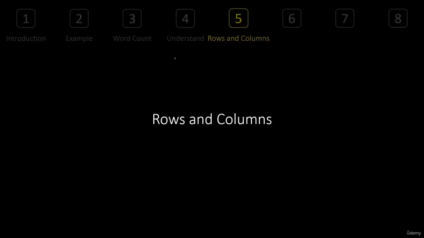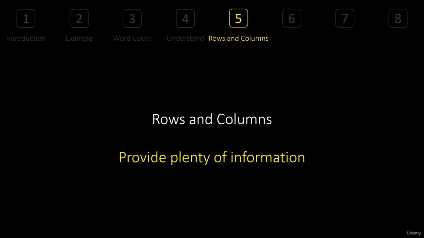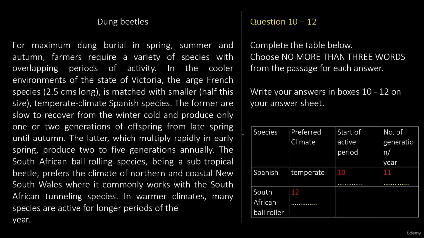Cool? Good. The third pointer is that rows and columns provide you a lot more information than you think. It's plenty of information. Now, here we have these words or phrases as columns.